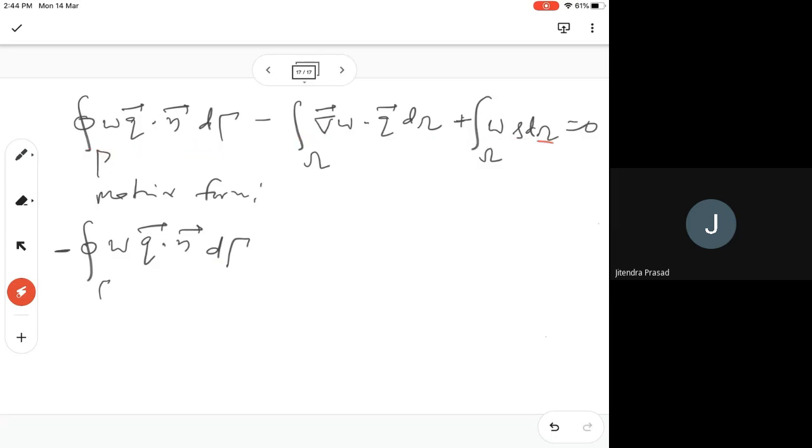So this will be plus only because I have not changed anything. Here I'm going to change from Q to minus K gradient of T, so we'll write plus in that case.